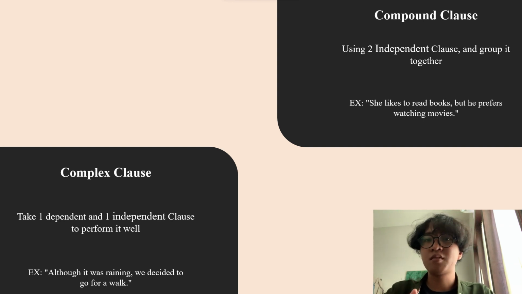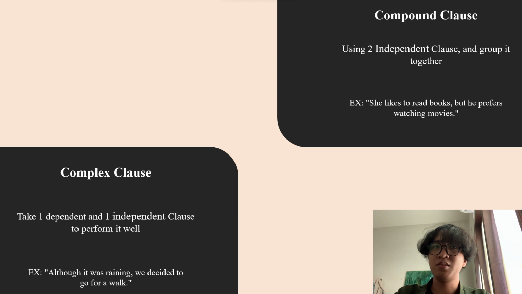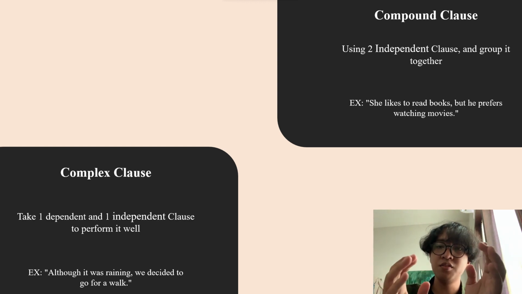But for a compound clause, you need at least two independent clauses. So if the first or the last part is removed, it's okay, they can stand on their own.